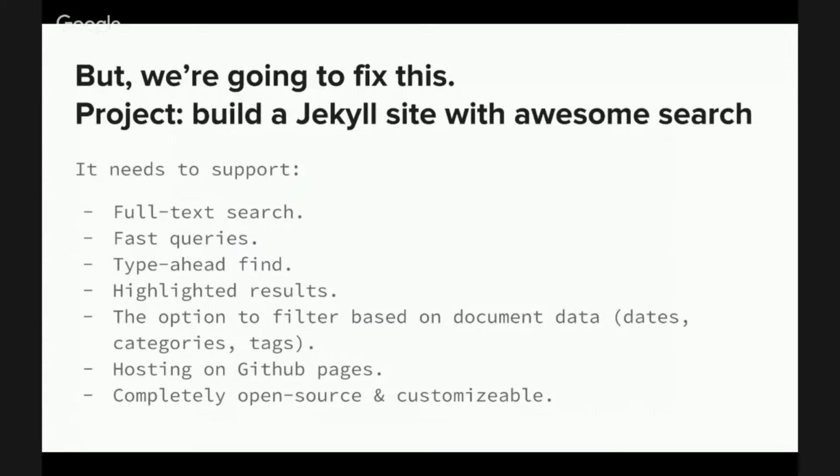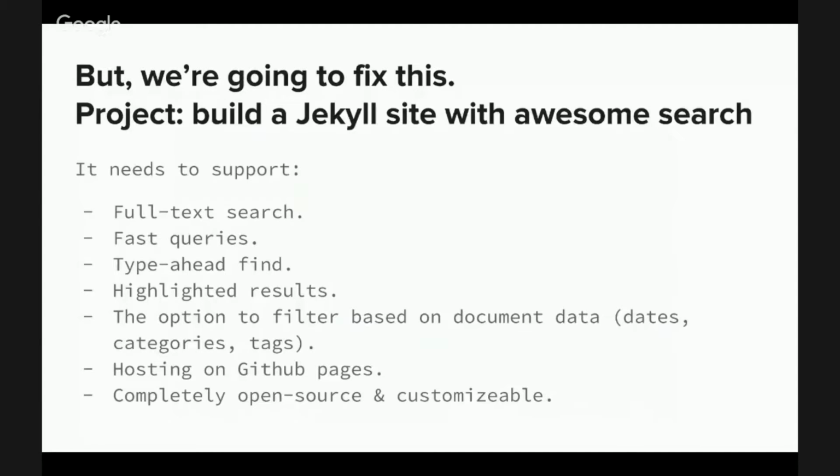When I submitted my talk for JekyllConf, I was like, all right, now we have to go build this. I'm going to finally add search to my blog. So we set out to integrate with my site and make some awesome search happen. And there were many requirements that I wanted. I wanted it to be able to support full text search, not just the titles or partial things or anything like that.